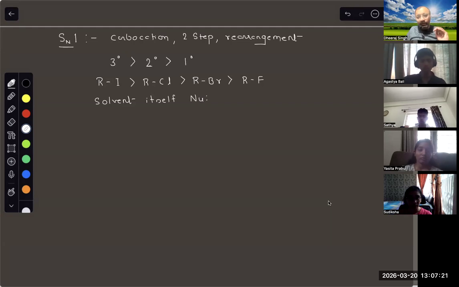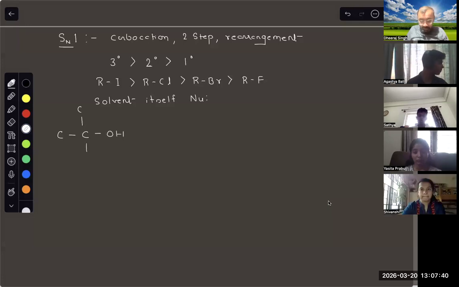If it is SN1, alcohol can get created on its own. Now, if you have this alcohol and it undergoes an SN1 reaction, how will you ensure that?